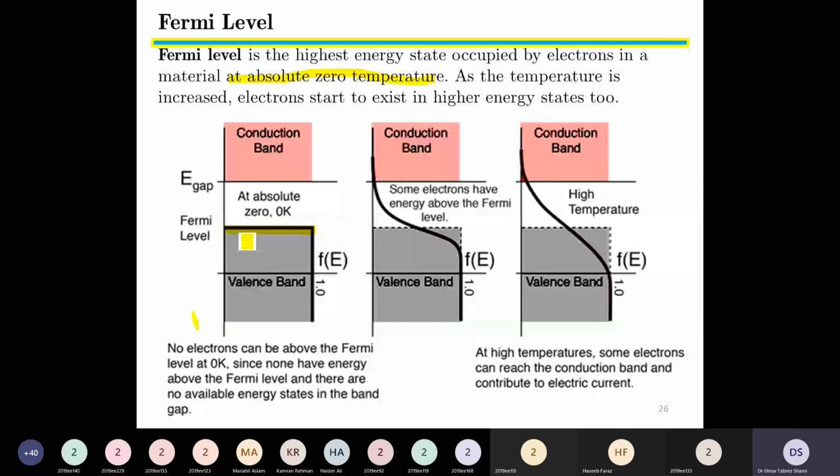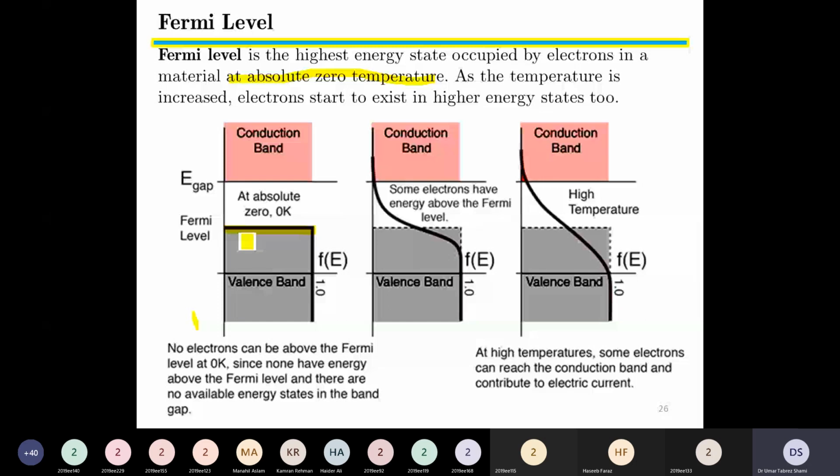Then the second case is when we start providing energy to electrons in the valence shell. These electrons absorb the energy and start coming into conduction shells, to such an extent that at very high temperatures, these electrons can reach the conduction band and contribute to electrical current.